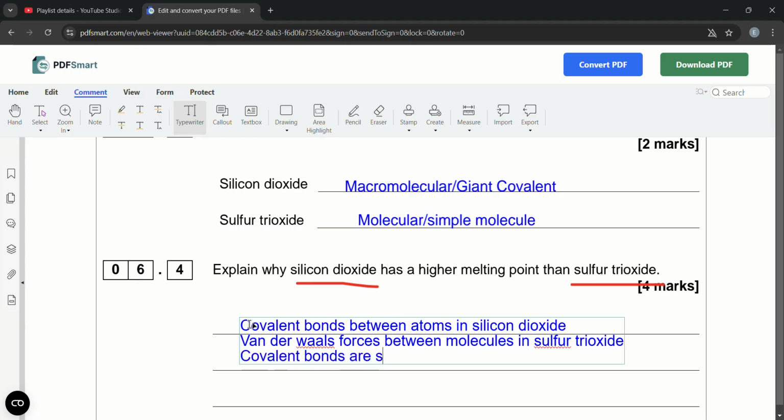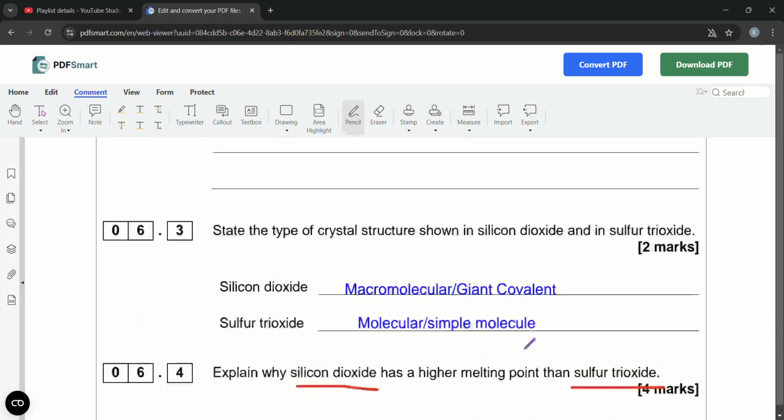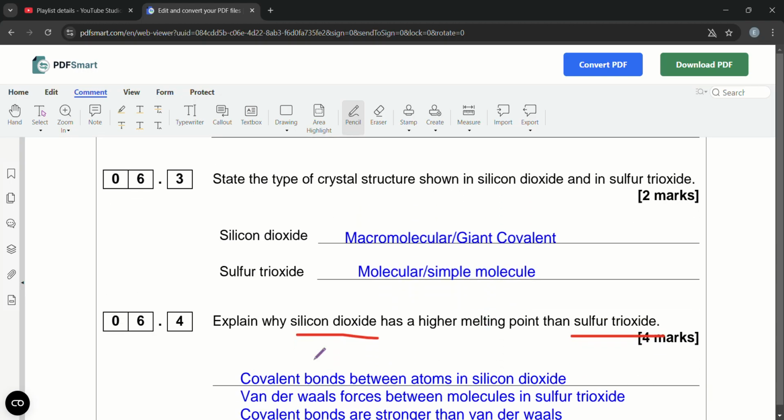You should state it. Covalent bonds are stronger than van der Waals, hence covalent bonds take more energy to overcome. So covalent bonds are between atoms of silicon dioxide. So 2 marks for just stating the bonds.